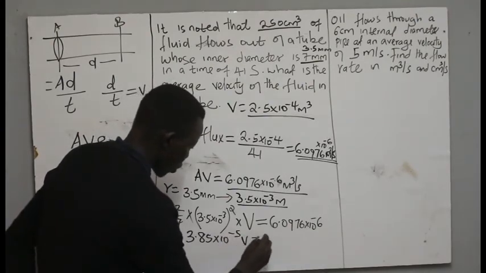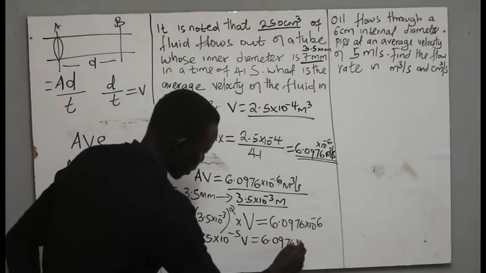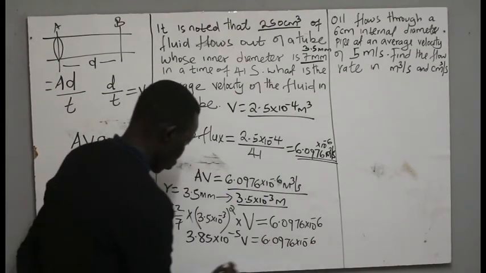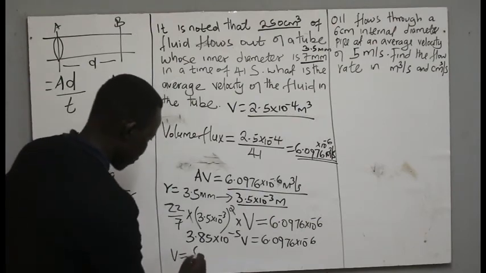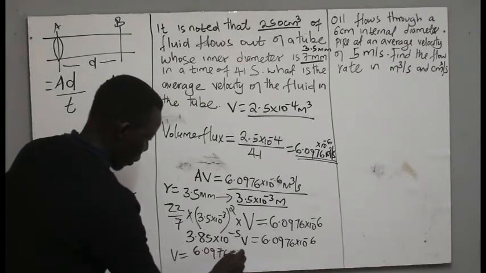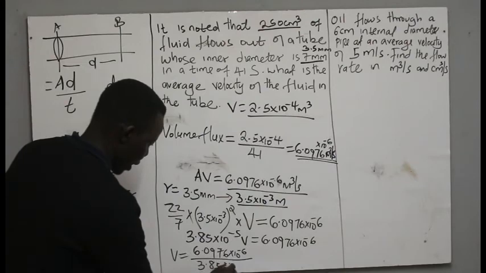V should be equal to 6.0976 times 10 power negative 6. So our V is going to be 6.0976 times 10 power negative 6 over 3.85 times 10 power negative 5.